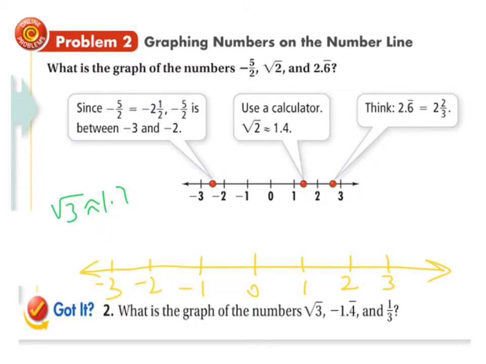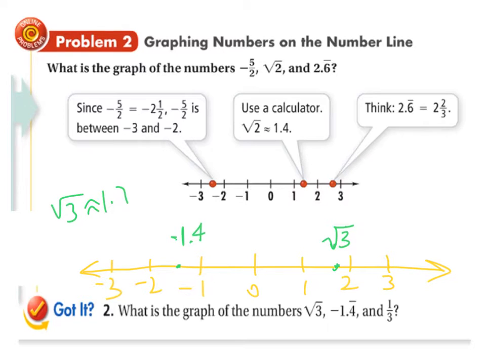So that gives me an idea of about where to put that dot. So the square root of 3 is about there. The negative 1.4 repeating, again just thinking of that as a repeating decimal, is not quite the same as negative 1.5. It's a little bit to the right of negative 1.5.